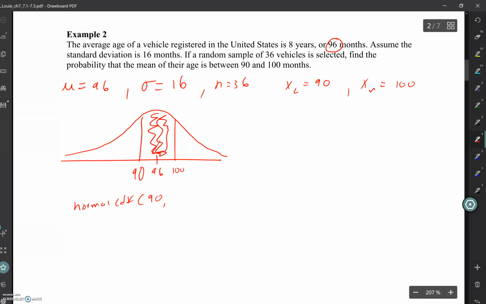My lower is 90, my upper is 100, a mean of 96, and what am I putting in for the standard deviation? 16 divided by 6, or the square root of 36. Whichever one you want to think about it as, because 6 is the square root of 36. And let's see what that gives us.